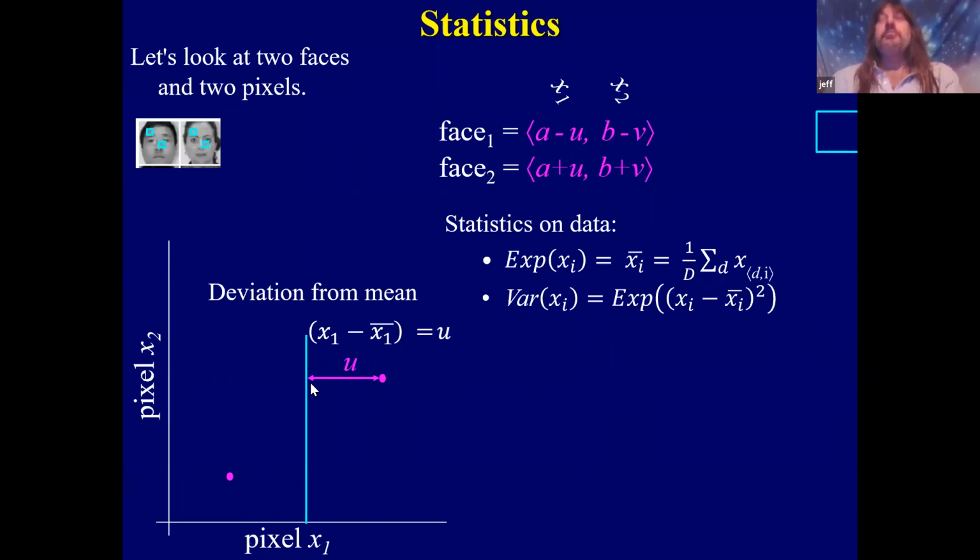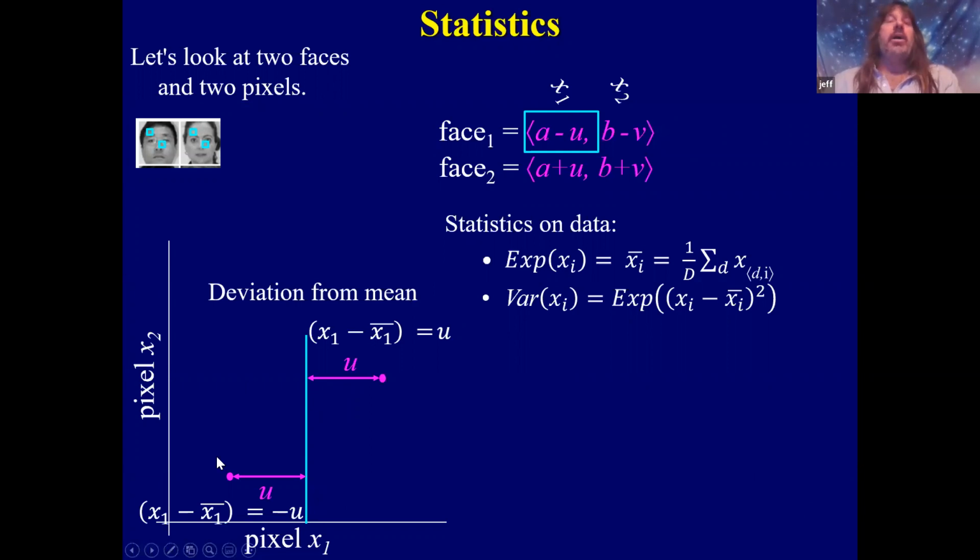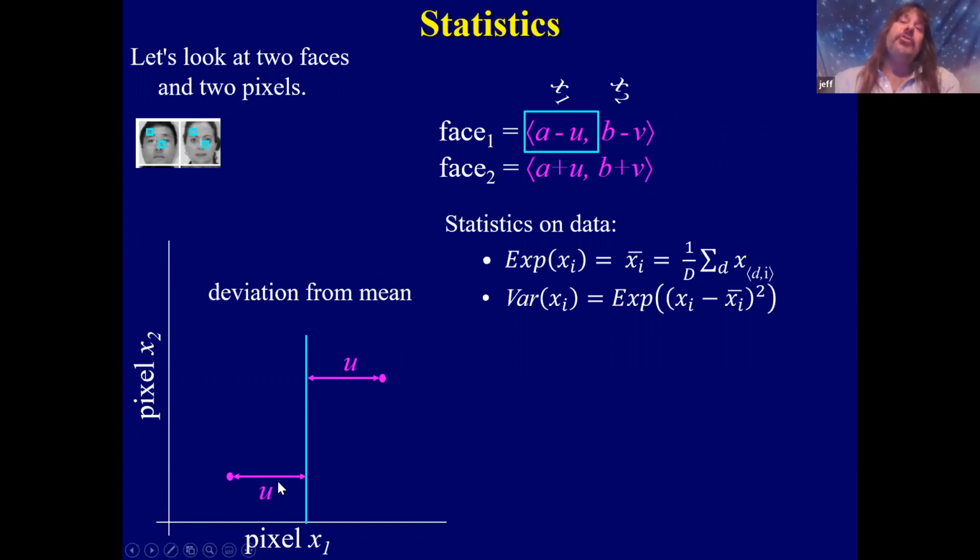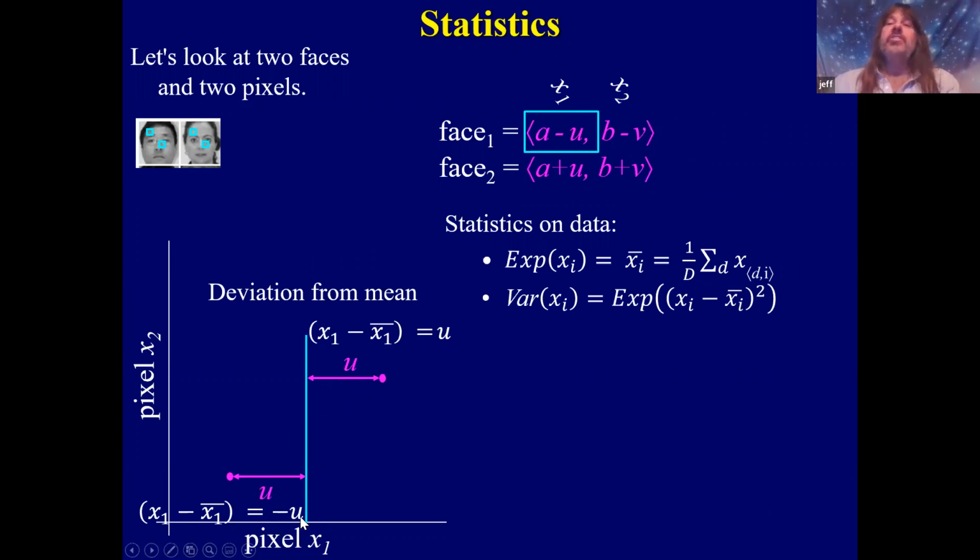And that was great. Now let's look at our other point. How much is it deviating from the mean? Well, it's a distance U from the mean, but in the other direction. So it's deviating negative U from the mean. We have a deviation of U, deviation of negative U, but what we're going to do with those values is square them.